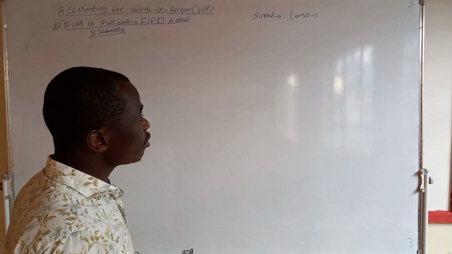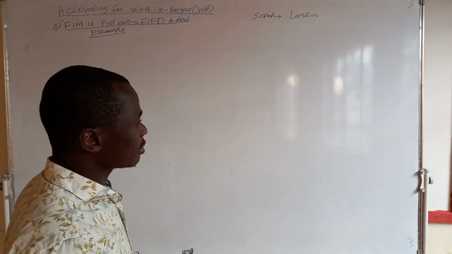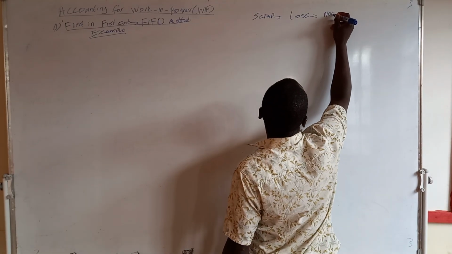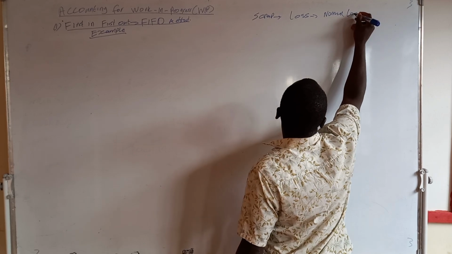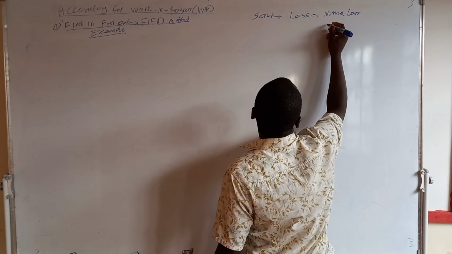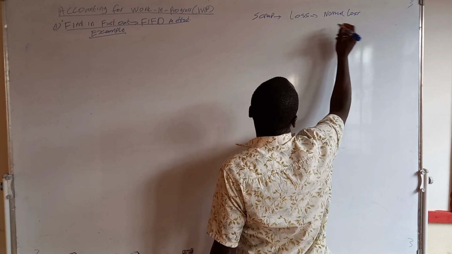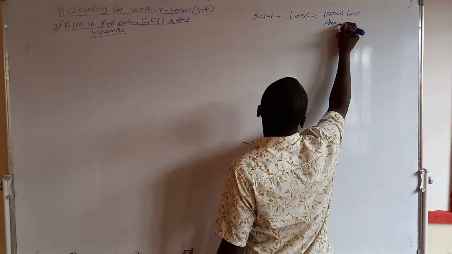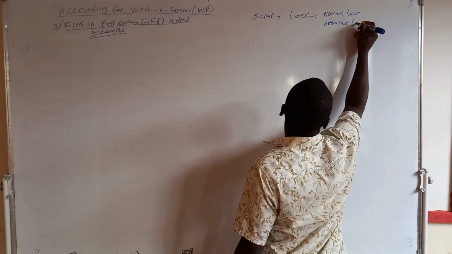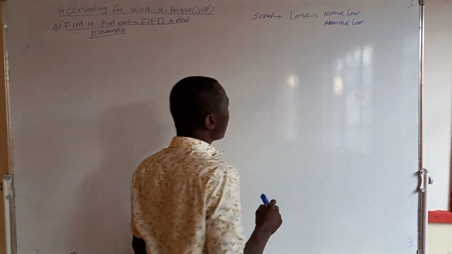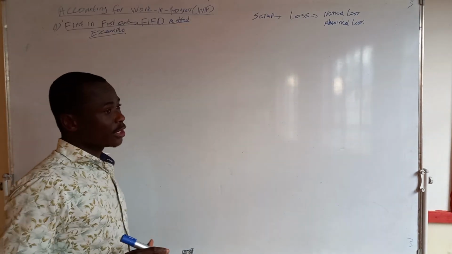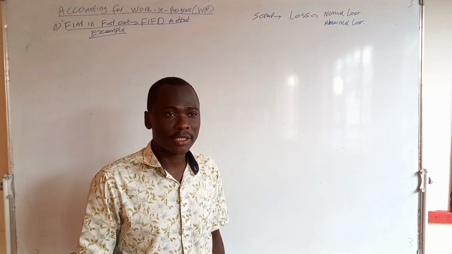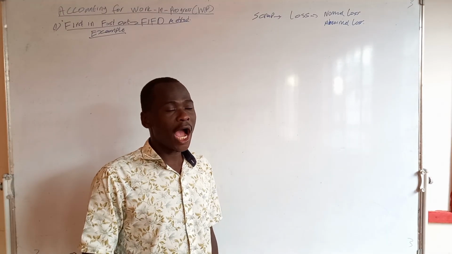And then in a loss, we have two types of losses. We can either have normal loss, or we can also have abnormal loss. Now, normal loss is the loss we expect. We have already accounted for it.